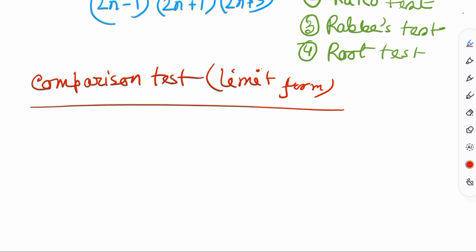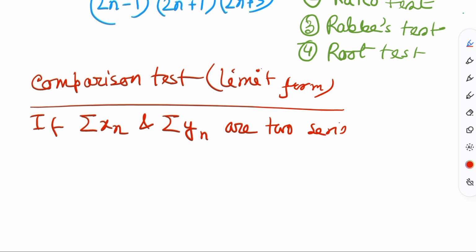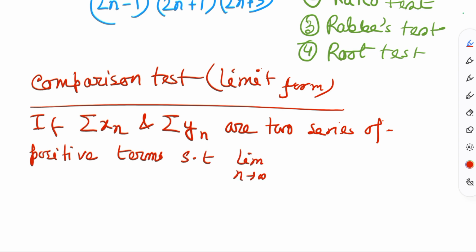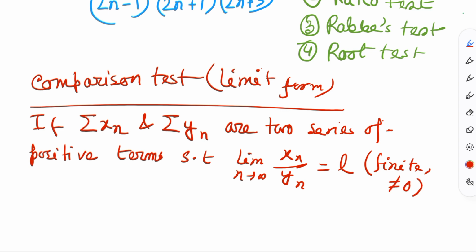The statement says that if summation xn and summation yn are two series of positive terms such that limit n tends to infinity xn by yn equal to L, where L is finite and L must not be equal to 0.